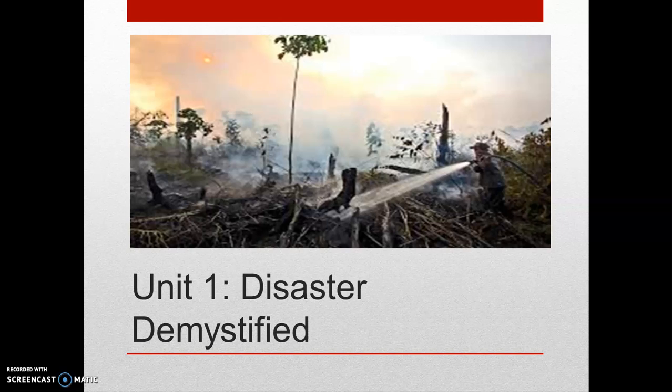This unit talks about the concept of disaster and also the paradigm shift from disaster response to disaster risk reduction. And also, disaster risk reduction is now being implemented throughout the Philippines.